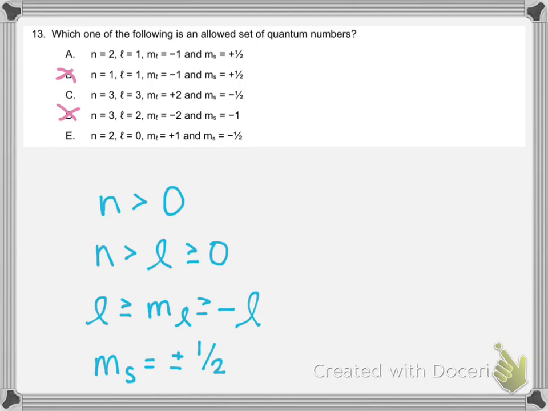And then it looks like we have the same problem here in C. We have n greater than 0, but then L is equal to n. So for E, n looks good, L looks good. Our problem is m sub L, because the only possible m sub L value here would be between negative 0 and 0. So m sub L would have to just go ahead and be 0. Can't be plus 1. So we've confirmed that the correct answer is indeed A.